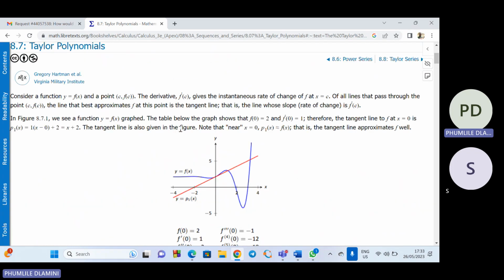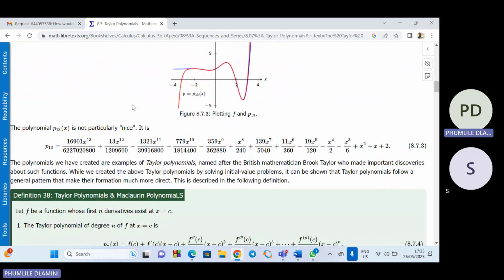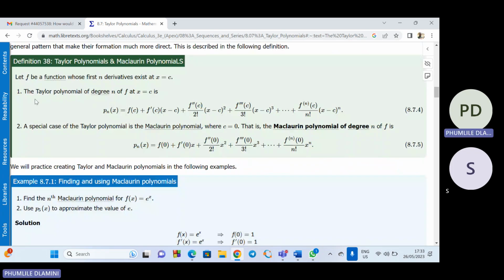I just wanted you to see the formula only. This is the Taylor polynomial of degree n. This is the formula that you follow. You will see that you differentiate f, then multiply by x minus c. What is c? c is the constant, the negative one.